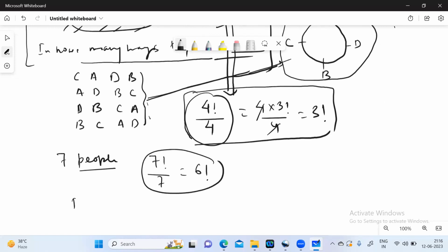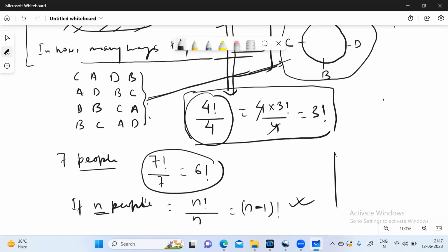If n people are there, it will be n factorial divided by n, which is the same as n minus 1 factorial. So this is the number of cyclic arrangements possible with n people. Is everyone getting my point?